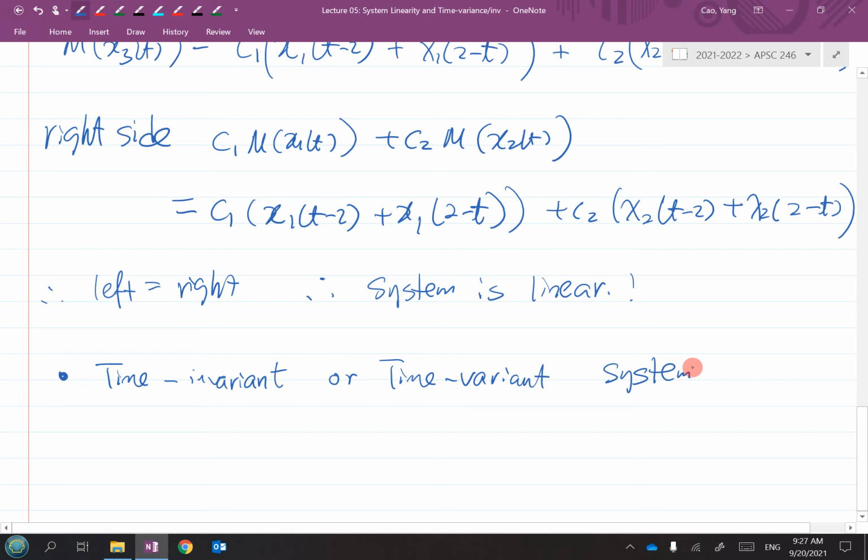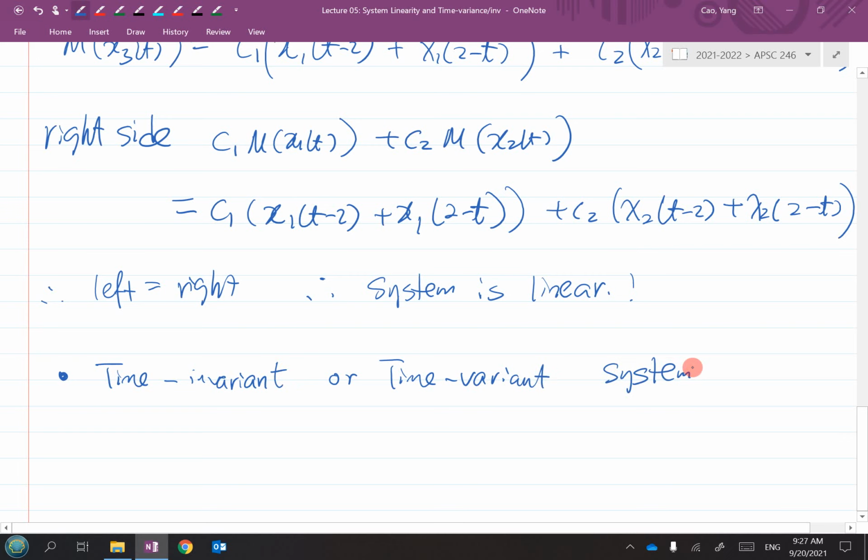As the wording suggests, time is the horizontal axis, and varying or invariant means there must be something either changing or not changing as time goes on. That's essentially what time varying or time invariant means.